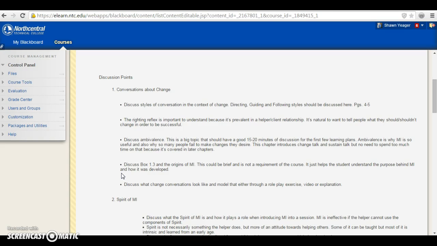MI is geared for and focused on people that are experiencing something called ambivalence towards change. The best way to describe ambivalence is sitting on the fence, trying to decide whether to change or whether not to change. You have pros and cons for both sides, and so this affects probably just about everyone.